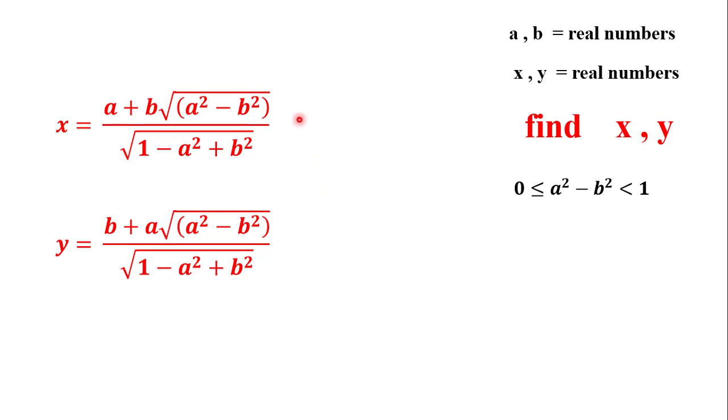To have defined fractions, a squared minus b squared must be greater than or equal to 0 and less than 1.